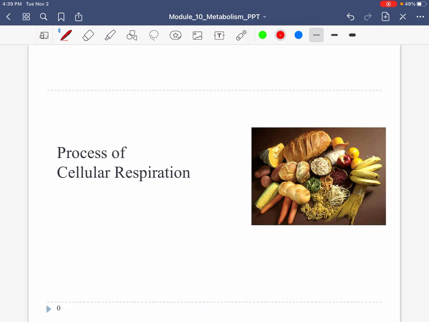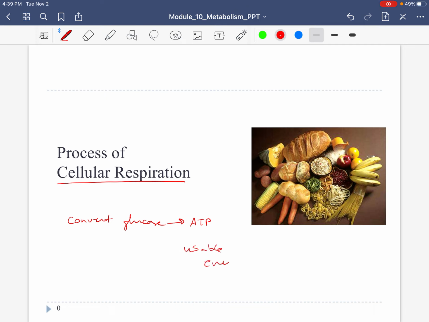Okay, so we are back here. Now that we have introduced the basic definitions of metabolism, we are going to jump right into it. Now remember, we were talking about a specific series of chemical reactions called cellular respiration. This particular series of chemical reactions converts glucose into ATP.